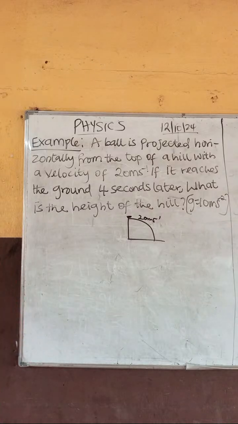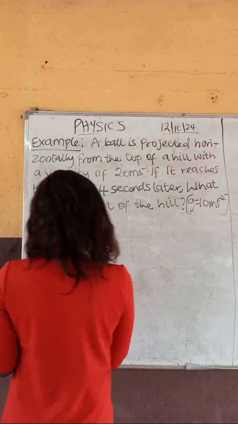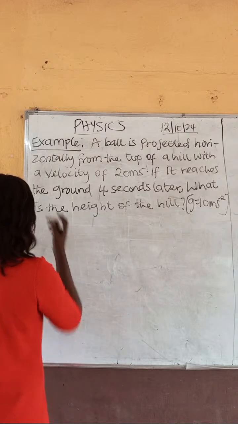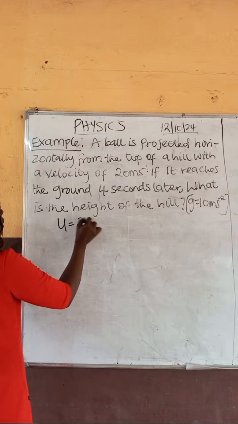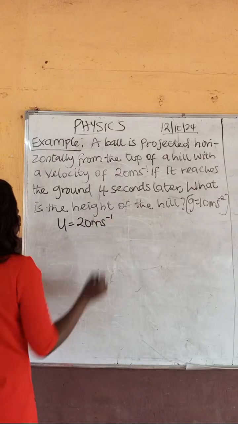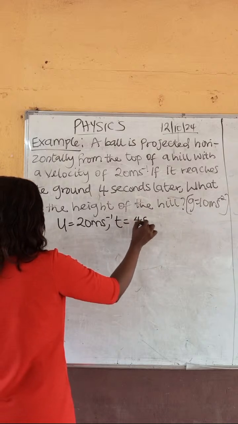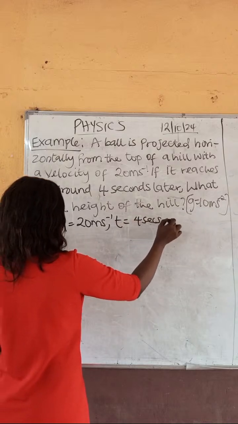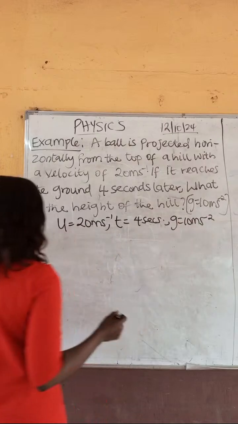So the first thing we are going to do is to state our parameters. Now we say my u is equal to 20 meters per second, time is 4 seconds, and g is 10 meters per second squared.